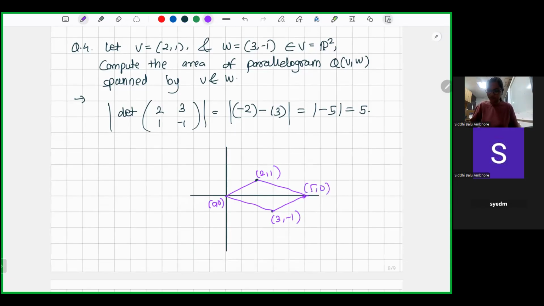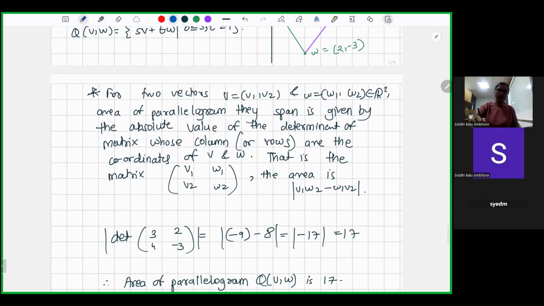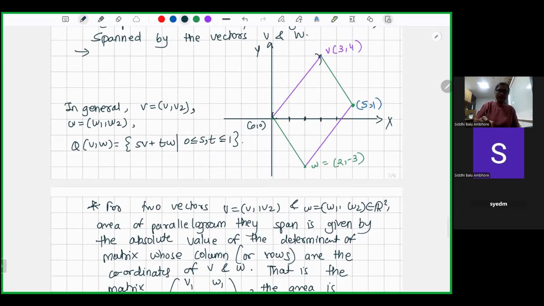5, 0. And here this will be the addition of these two vectors. So this will be here 5, comma, 4 plus -3, that is 1. Okay, please understand this here.